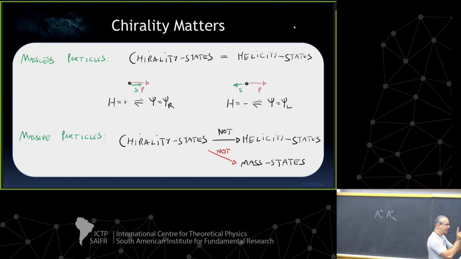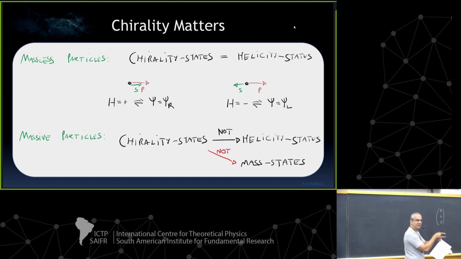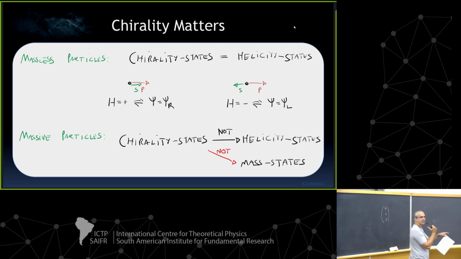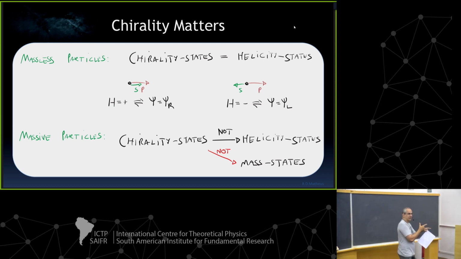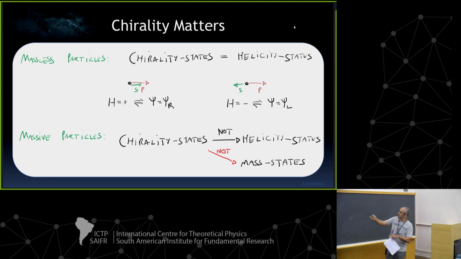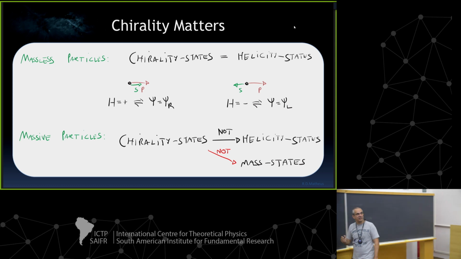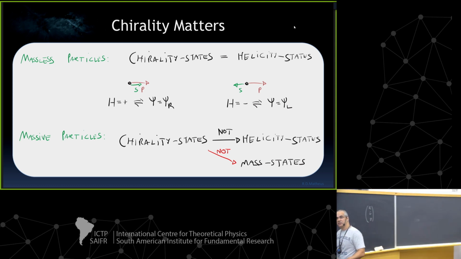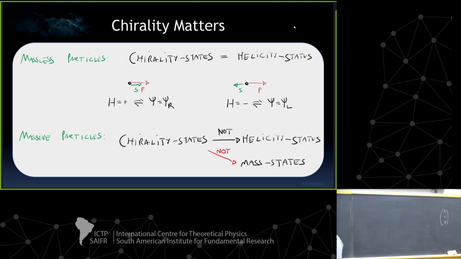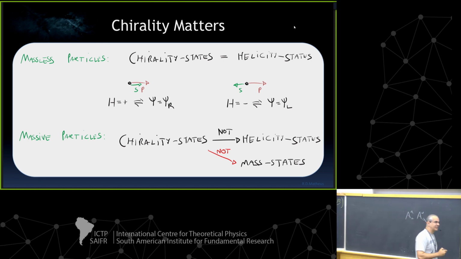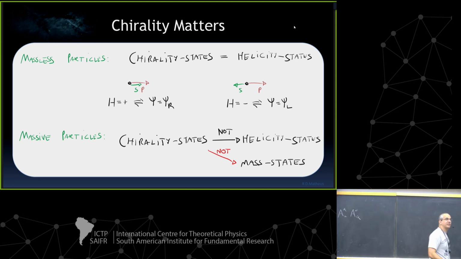You can have the spin pointing forward in the direction the particle is moving, or backward. That's plus helicity when it's the same direction, and minus helicity when it's in the opposite direction. And that coincides with right-handedness and left-handedness. The two operators coincide for massless particles. And that's a good quantum number for a massless particle because you cannot move faster than a massless particle.